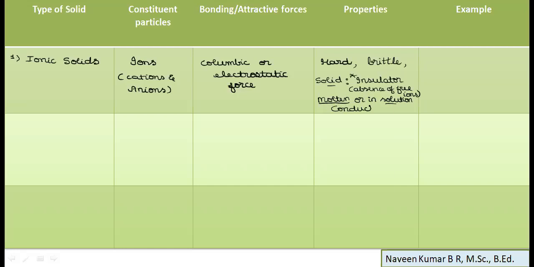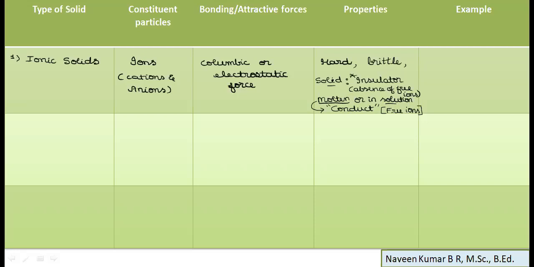That means they conduct electricity in molten form or in solution form. This explains that in the molten form or the solution form, the free ions formed from the ionic compound, the cation and anion from the given solid, will be present as free ions. That free ion is responsible for conductivity.